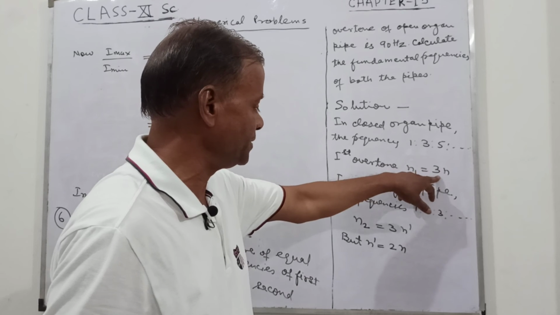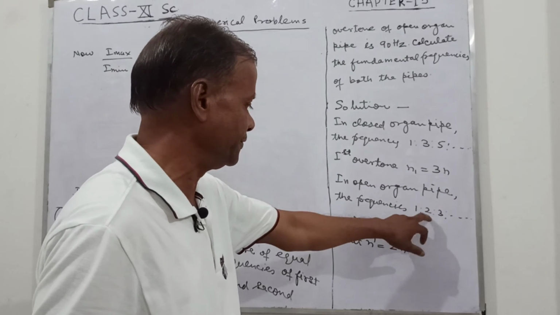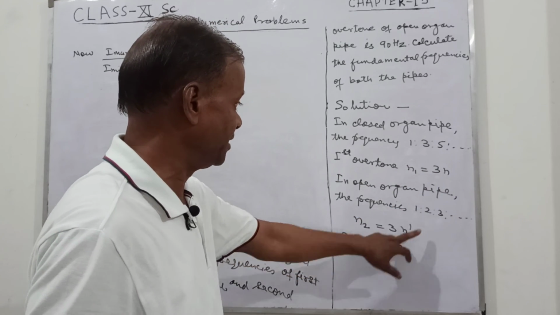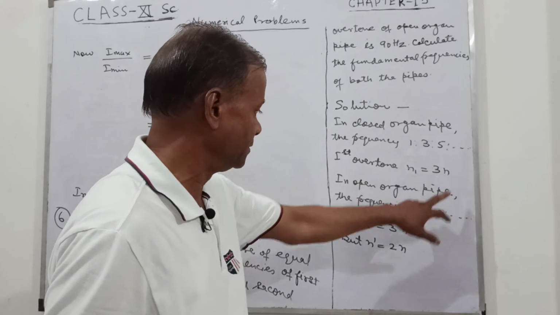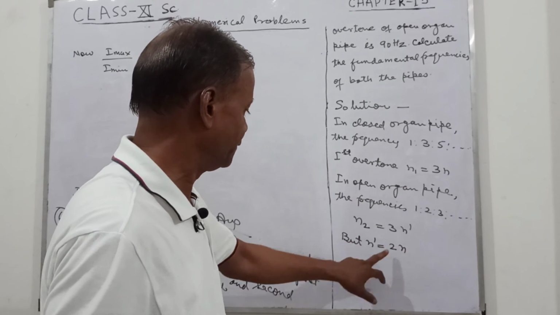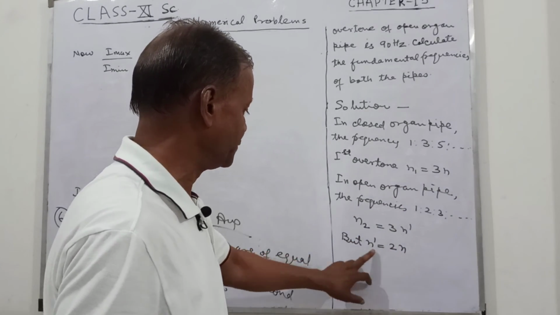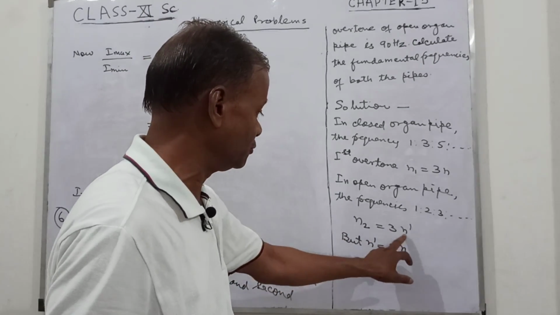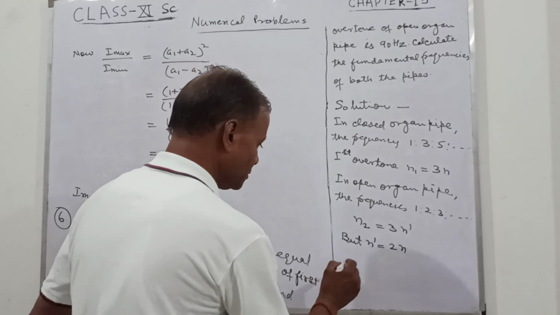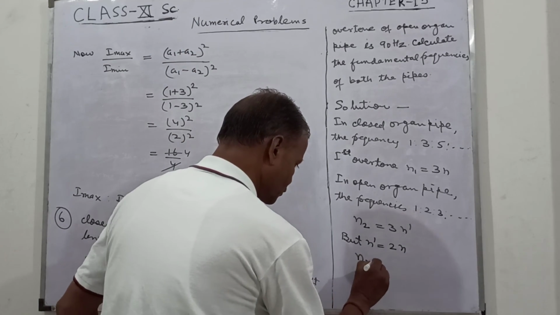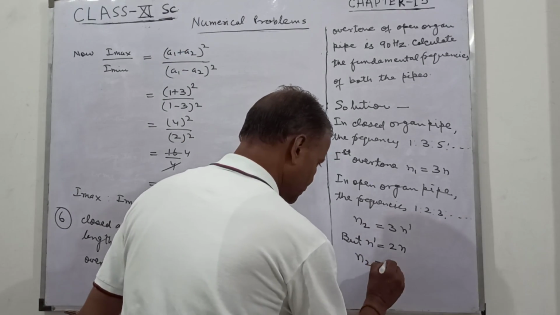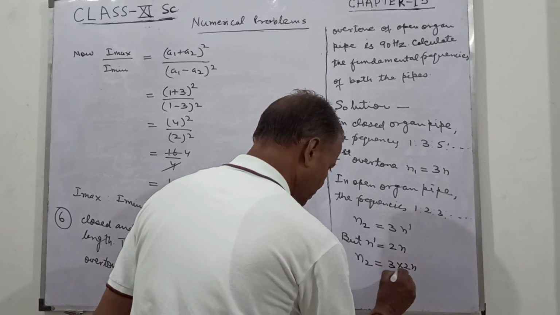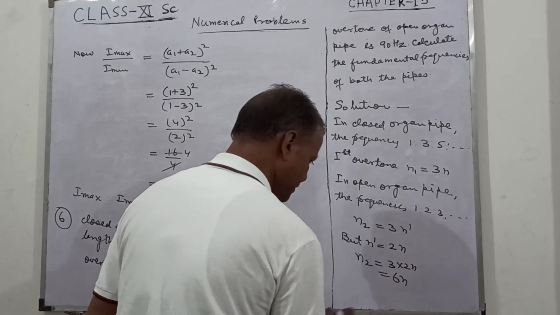So the closed frequency is just half of the open one. So N2 equal to 3 into 2N, so this is now your 6N.